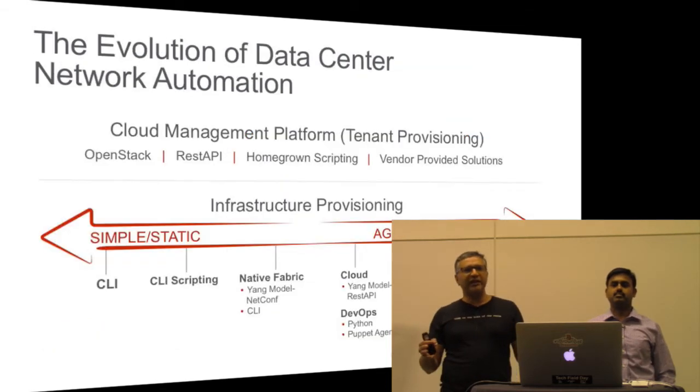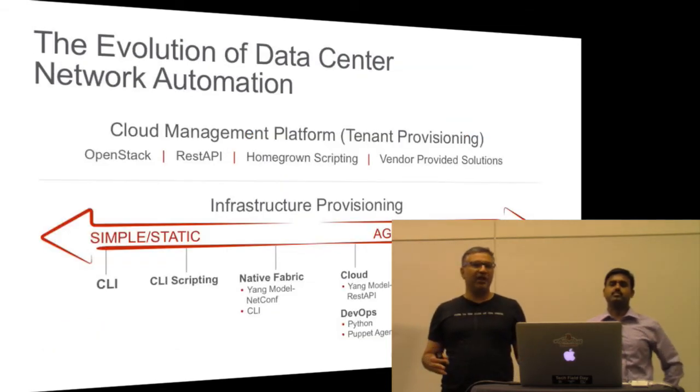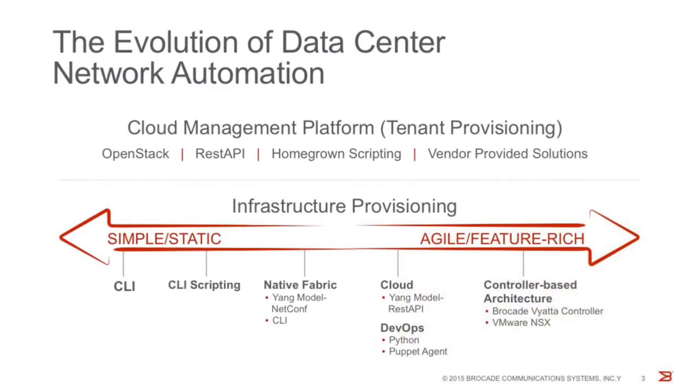So if you look at the data center network automation space, you can see the spectrum. On the far left, you have CLI, which was the more traditional network architecture where you had network engineers or operators using CLI to go configure the switches and routers. And on the far right, you see the latest incarnation of data center networking with controller-based architectures.